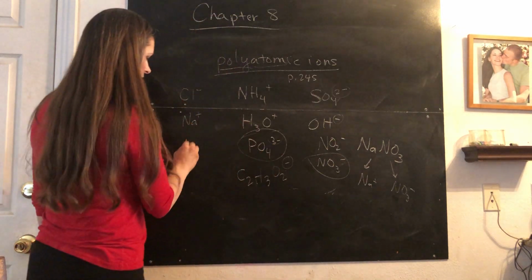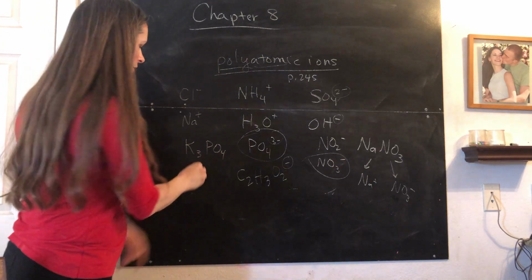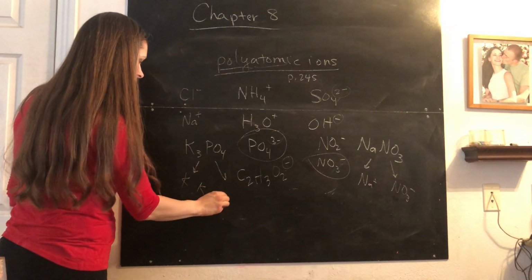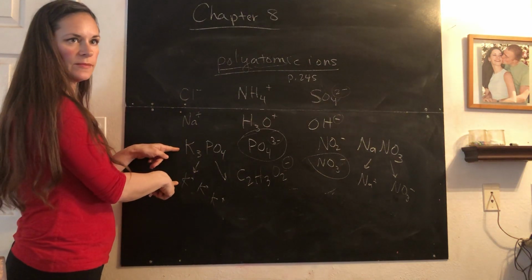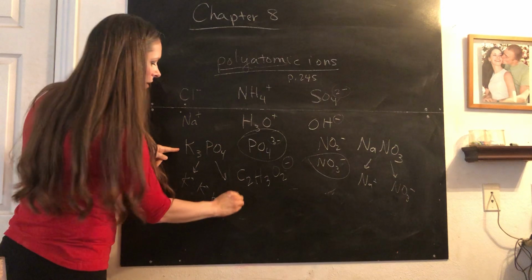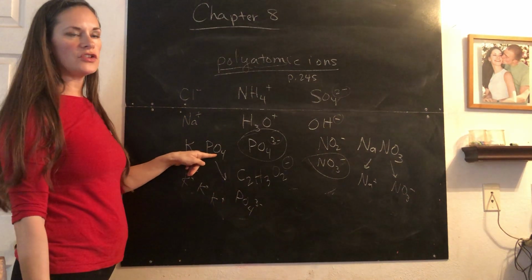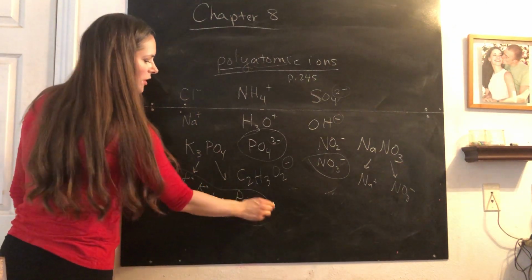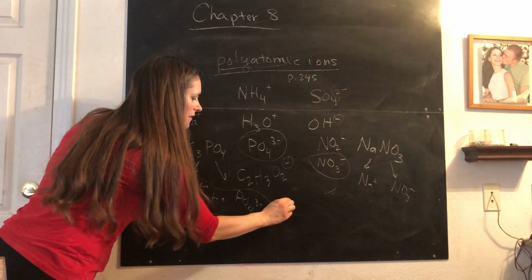If you've got potassium phosphate, when you put it in solution, it's going to break apart into 3 positively charged potassium ions and 1 negatively charged phosphate ion.